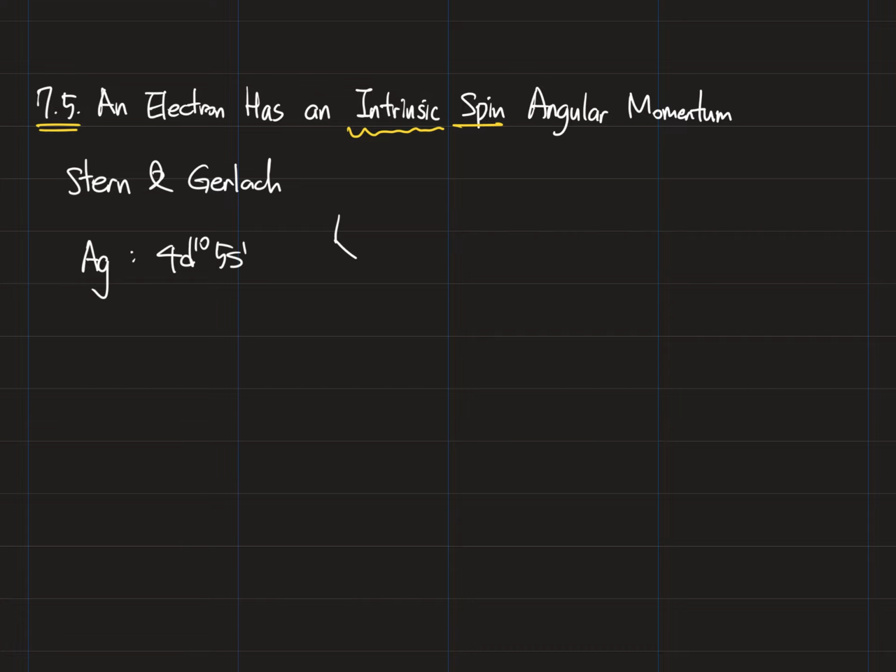And they passed the silver beam through something that looks like this. So there is a magnetic field between here. The reason why they have such a weird shape is they want to apply an inhomogeneous magnetic field.